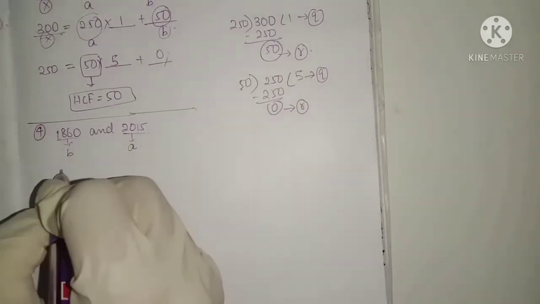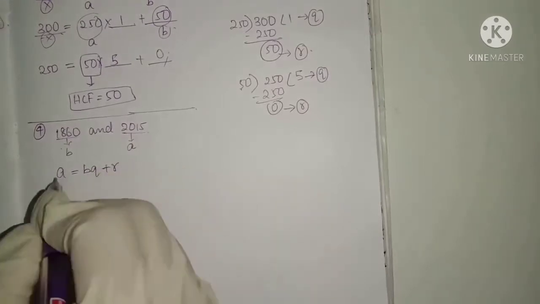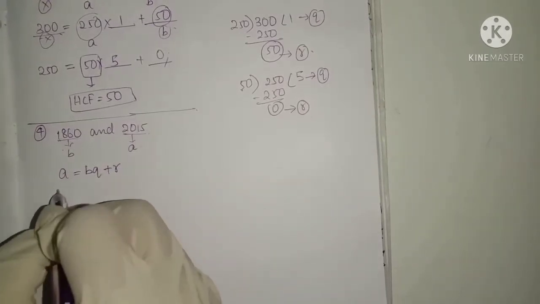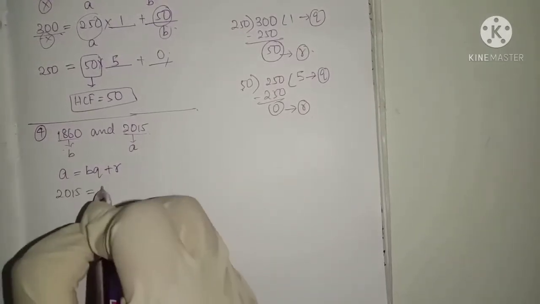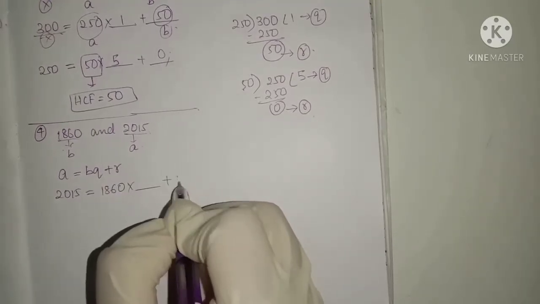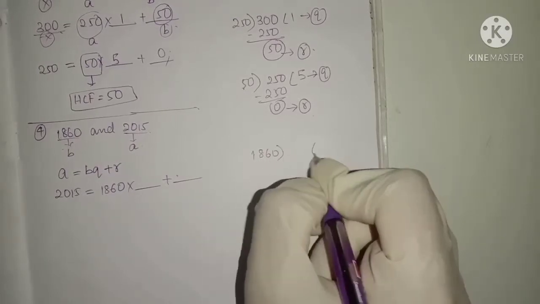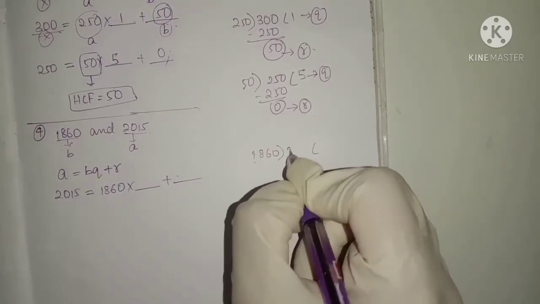Dividend, divisor. Our equation is A equals BQ plus R. So substitute the values. 2015 equals 1860 into quotient plus remainder. So we are going to divide 2015 by 1860.